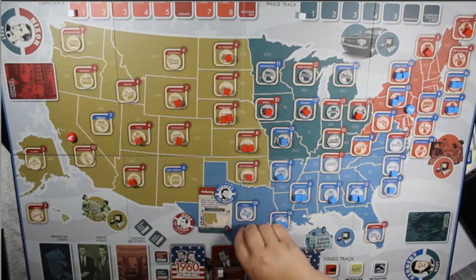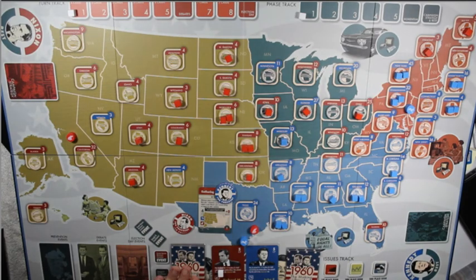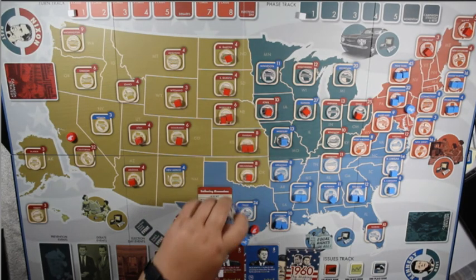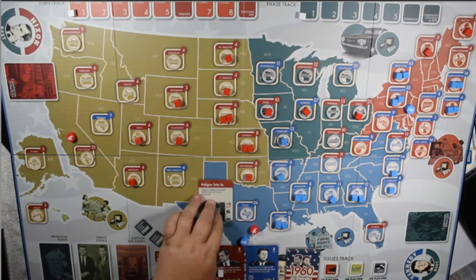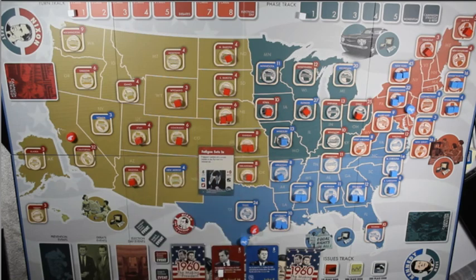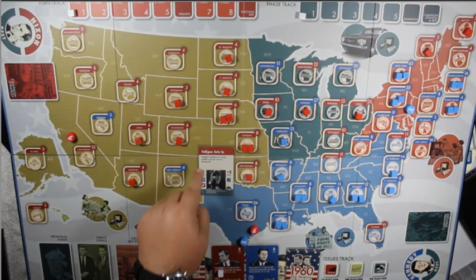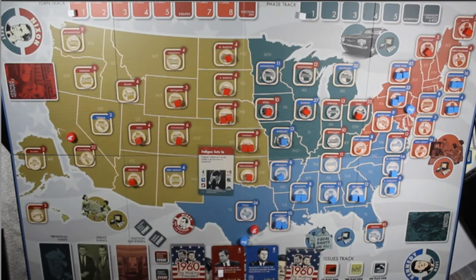So next is going to be Nixon. Let's remove these momentum markers. Nixon is going to play his card. Fatigue sets in. If opponent's candidate card is currently available for play, flip it over to its exhausted side.